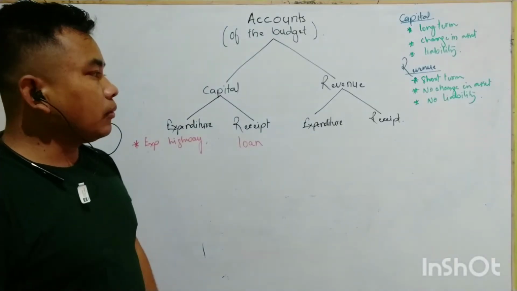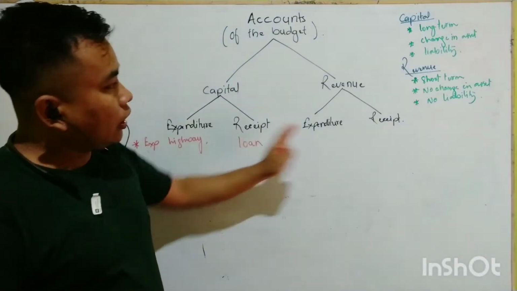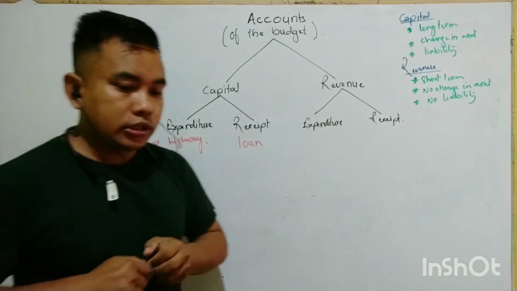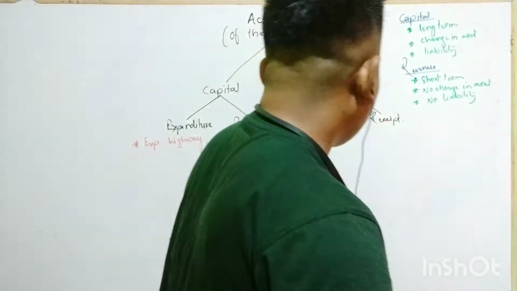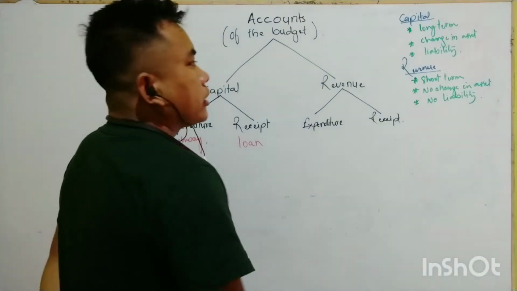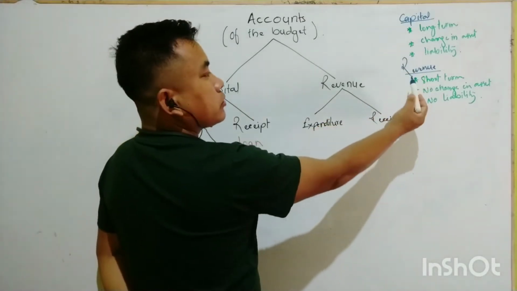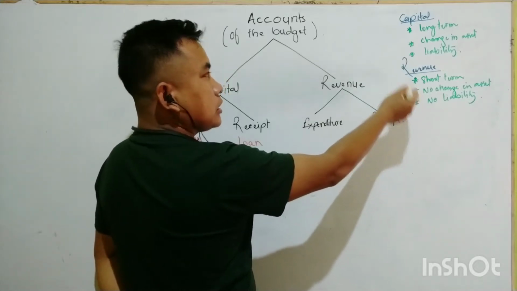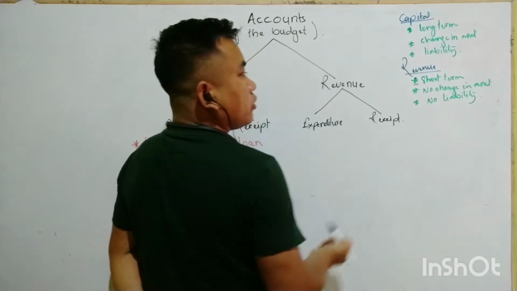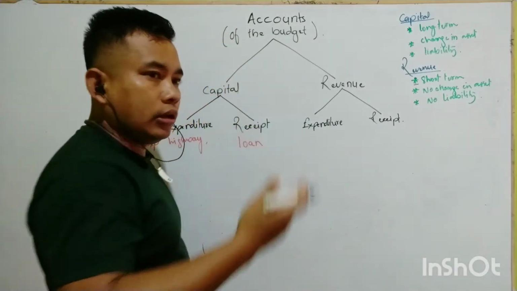But first let's try to finish the revenue side. After that we will come to the other examples. Revenue is just opposite to the capital: there is a high economic transaction, so it should be a short-term economic transaction, every now and then.